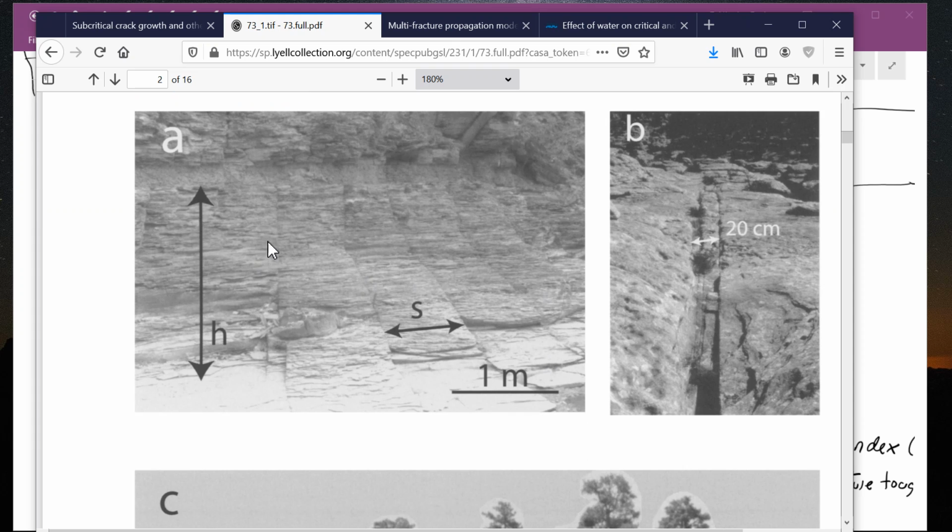Basically, in nature, several times we observe sets of fracture with a given spacing, and predicting that spacing and getting to know what is that spacing in subsurface condition is quite important, and is related to this subcritical fracture propagation.